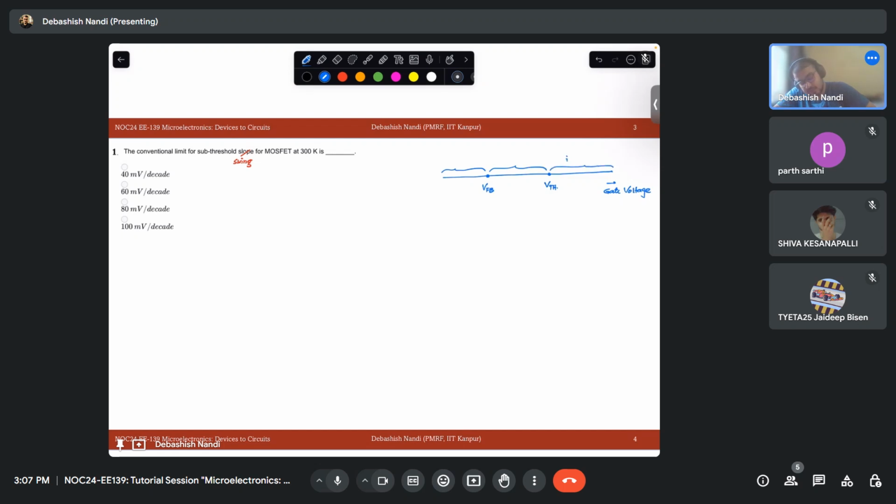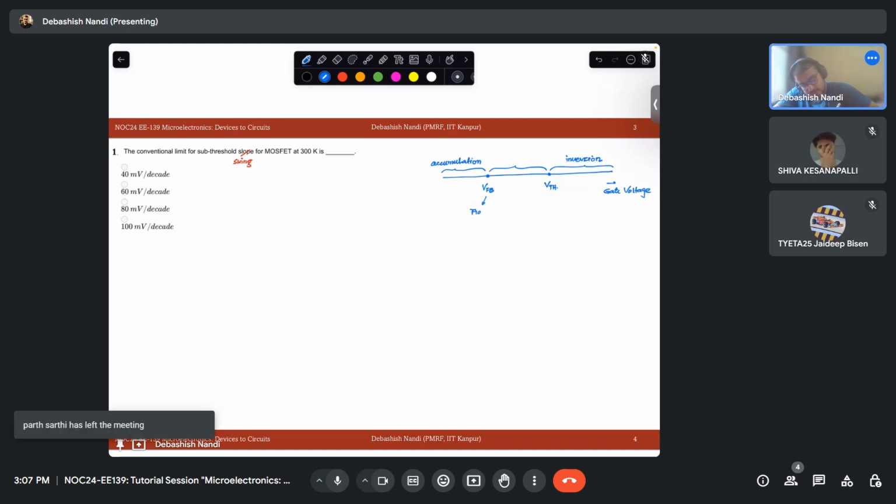This is called inversion, this is called accumulation, and what is the region in the middle? This is threshold voltage, right?